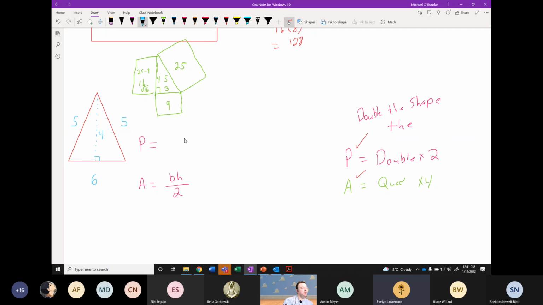Good. So just add those numbers together. And my area was 12.